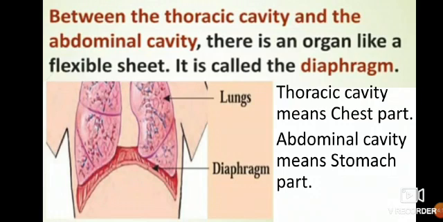Can you see in the red color? Yeah. So above the diaphragm is the chest, that is thoracic cavity, and below diaphragm is the stomach. So between chest and stomach, there is an organ like a flexible sheet which is called diaphragm. Okay.